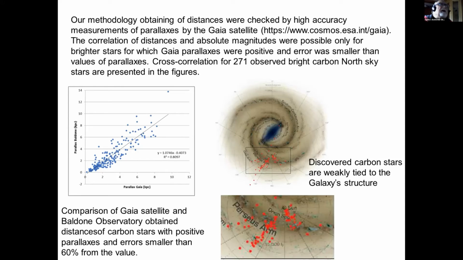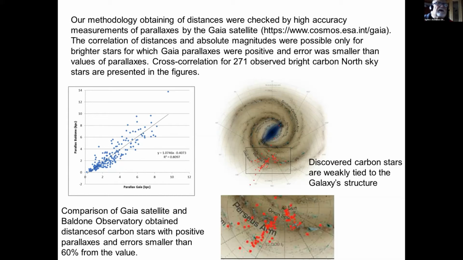The Baldone distances are compared with the Gaia satellite parallax measurements, and here we can see this correlation, and the probability of this correlation is about 81%.